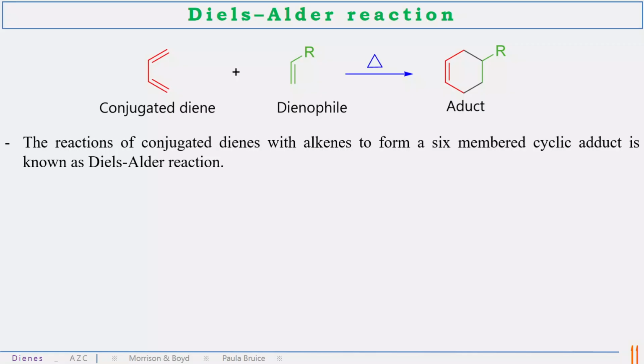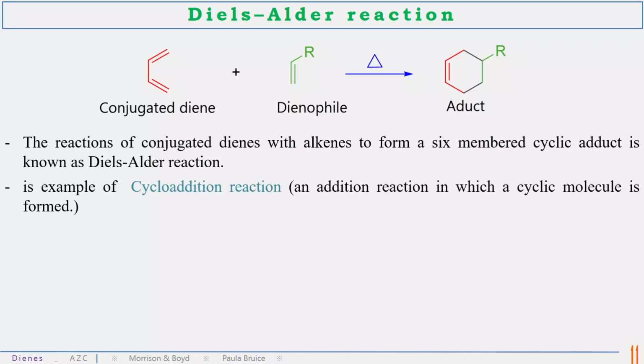The reaction of conjugated dienes with alkenes to form a 6-membered cyclic adduct is known as Diels-Alder reaction. Diels-Alder reaction is an example of cycloaddition reaction. Cycloaddition is an addition reaction in which a cyclic molecule is formed.